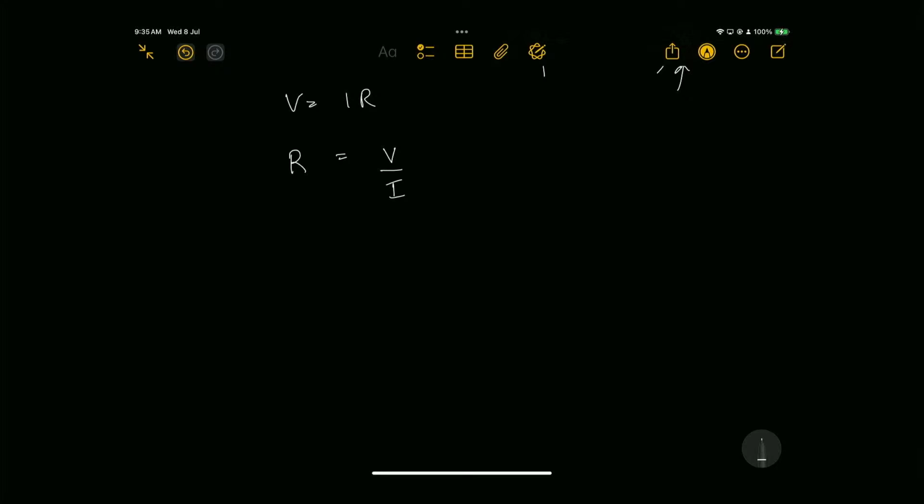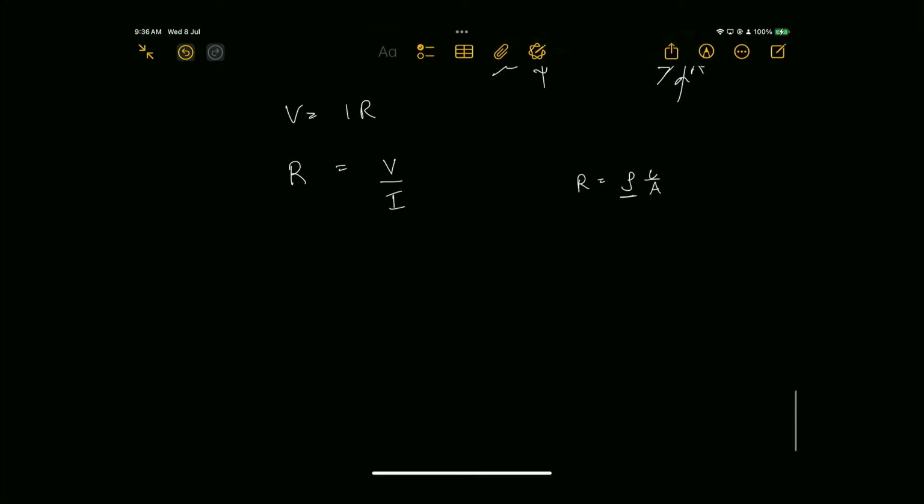So, well, we didn't do this direct formula, but I'll still write it. R is equal to rho L over A. Right? So in this formula, rho is resistivity. So you don't need to know this formula, but I'll just explain it with this formula. Rho is resistivity. So resistivity depends on the material of the conductor. Right? So different types of material have different resistances.